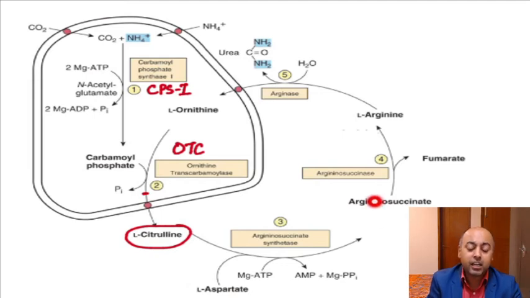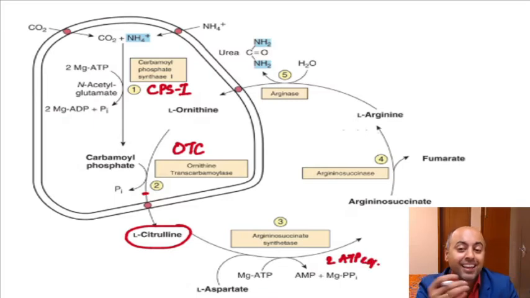In this process again you can see ATP converted into AMP. This time it is AMP, so we write it as 2 ATP equivalent. Whenever you get AMP, it implies that 2 ATP have been used up.